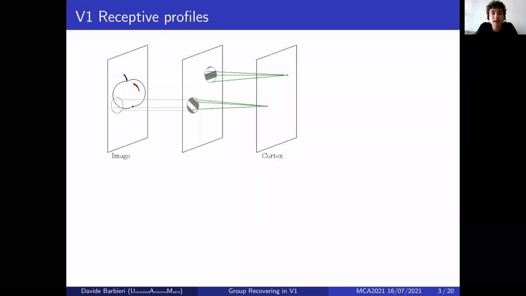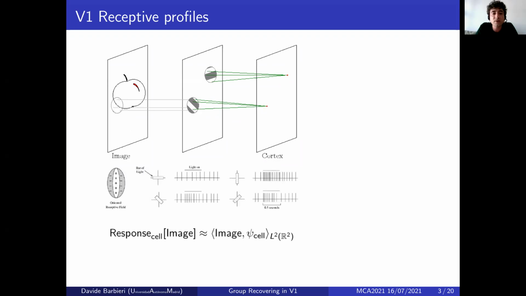So what is the behavior of neurons in area V1? Each neuron is activated depending on the structure of an image on a portion of the image plane. And the behavior of this neuron is very approximately something similar to a scalar product with a function on L2 of R2, if we imagine that the image is a function on L2 of R2.